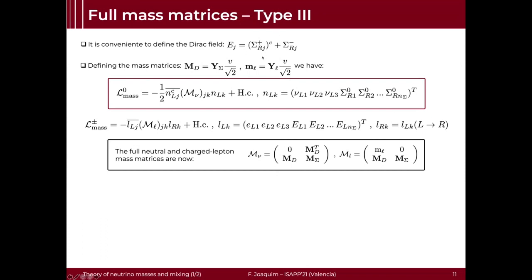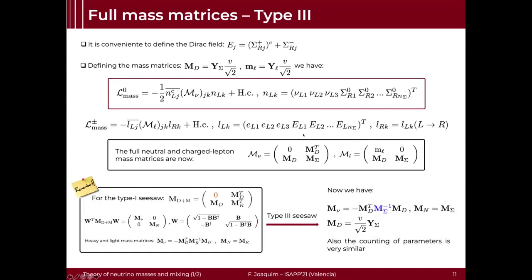Now we are actually adding them, and not only do we add these new states, but they also mix with the standard model charged lepton field. So there will be mixing among the ELs, which are the standard model states, and the new heavy ones.